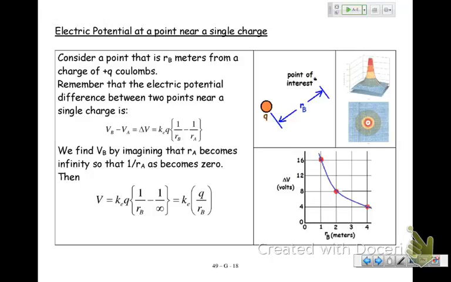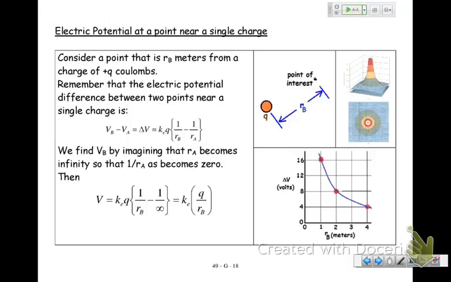Okay. So we know how to do the potential difference for a point source. We know how to do the potential energy difference, just multiplied by Q. What about the potential?